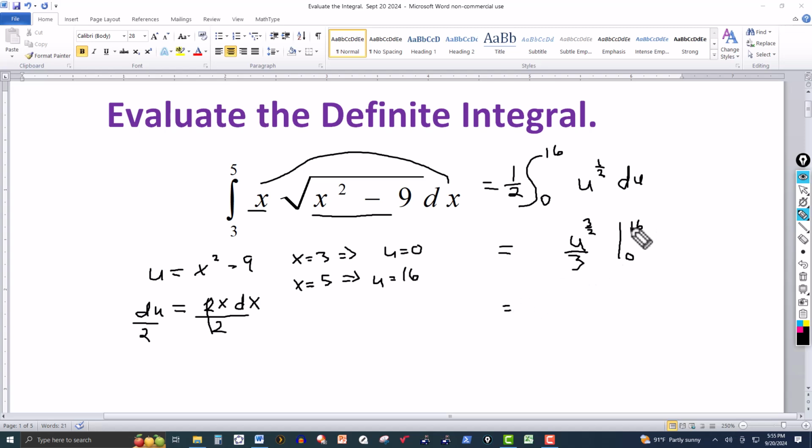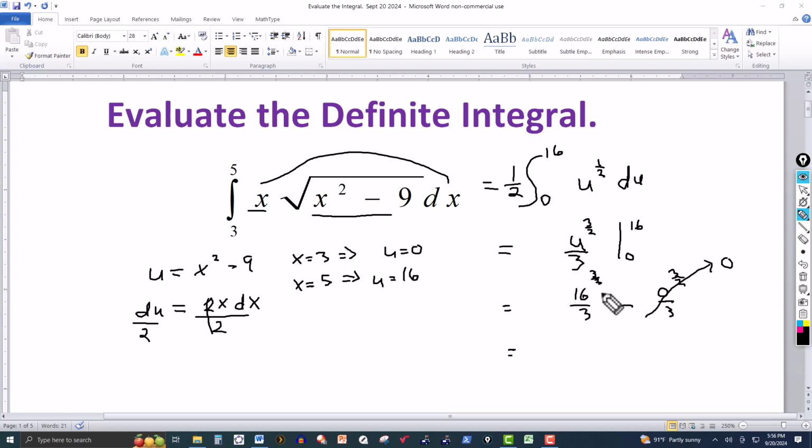So we evaluate. Put a 16 right there, so it'll be 16 to the 3/2 power over 3, and then we subtract the value at 0. So it'll be 0 to the 3/2, which of course is going to be 0. I'll just go ahead and put it on there anyway. So this just gives me 16 to the 3/2 over 3.